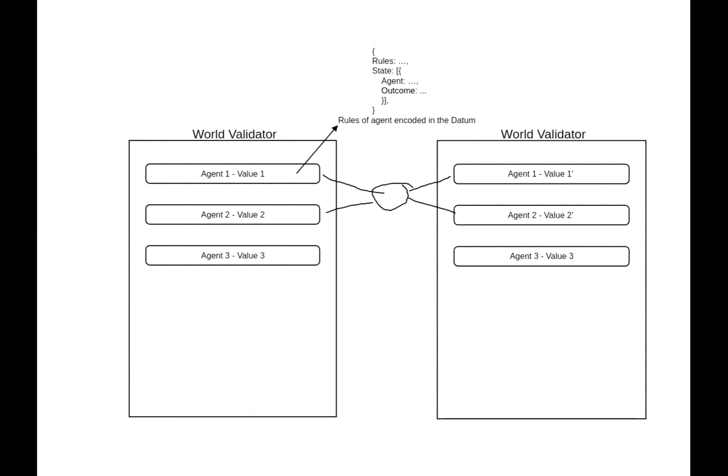You could have a validator that says, okay, I can only switch my state from 0 to 1 if my left neighbor is 1 and my right neighbor is 0, or whatever. That you could do.